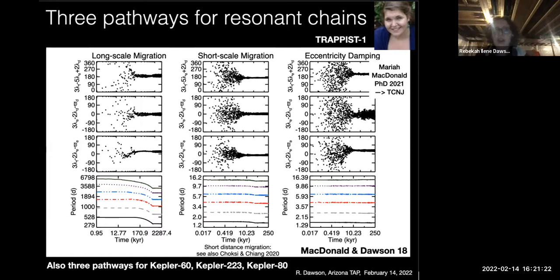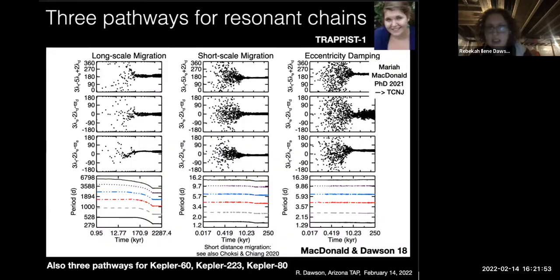We have the TRAPPIST-1 system, for example, and we have a scenario where they migrate a long distance from their formation location, where they migrate just a tiny bit, and where they don't migrate at all, but they interact with the gas disk and that affects their eccentricities. In all three of these cases, we can get that angle nice and tight, captured into orbital resonance. And that's true for the other known resonant chain systems that we looked at.